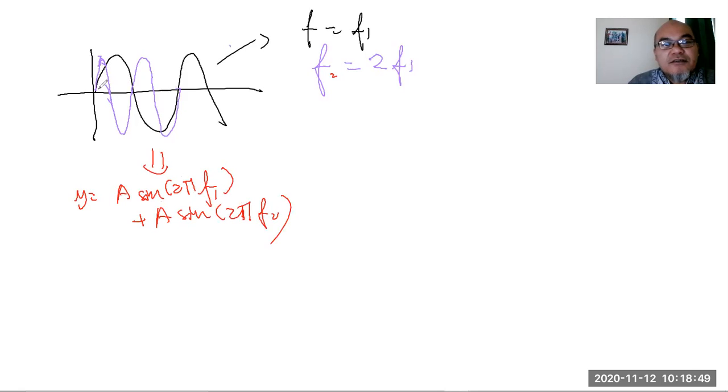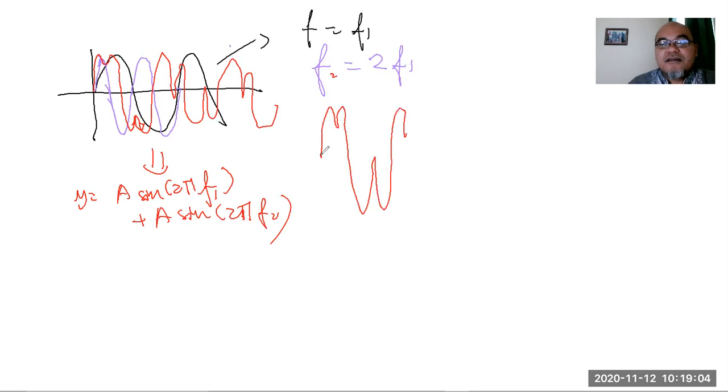So this will look something like this. Because it has two frequencies, and we can add more, not only two frequencies but even more than two.